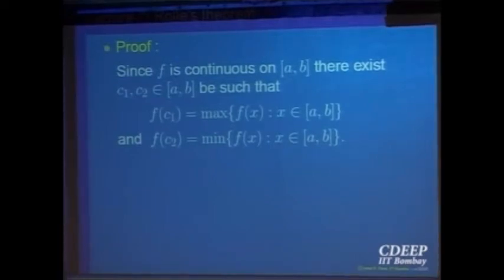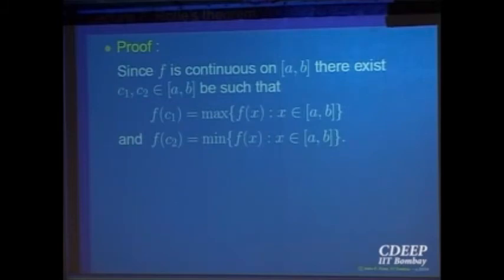In that case, that point is a point of local maximum or minimum, and by the previous theorem, that is a turning point, so the derivative must be equal to 0, right? If not, what is the other possibility? Neither c1 nor c2 is an interior point.